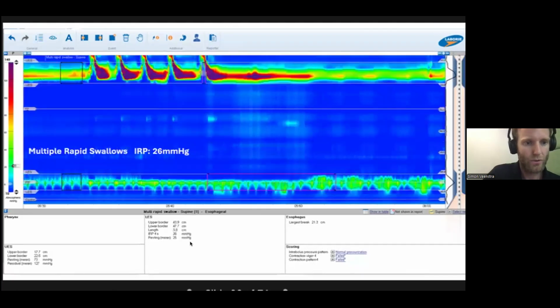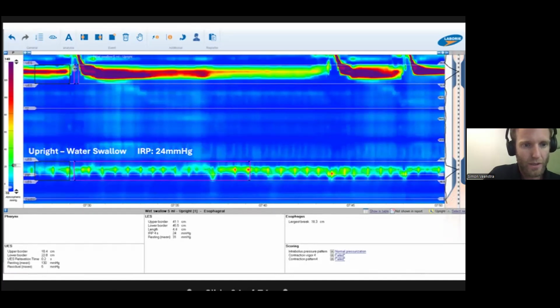However, we went on to do some provocative testing with multiple rapid swallows. This, if I'm not mistaken, tests your peristaltic reserve. And one can see here that the IRP has shot up to 26. So that's above normal. But throughout, there's no peristalsis whatsoever. There's no activity in the esophageal lumen at all.